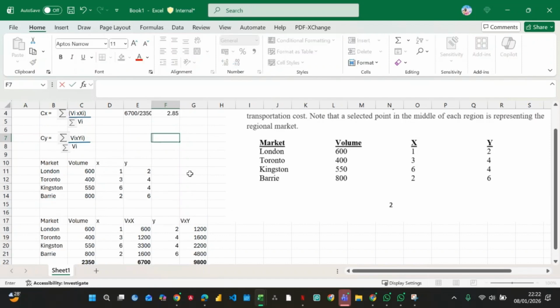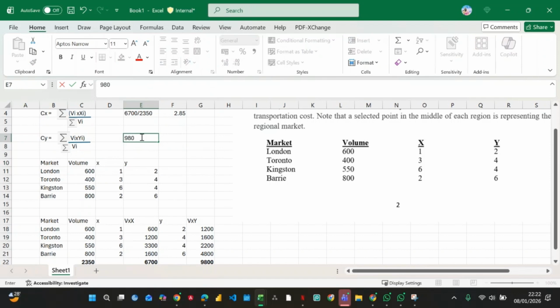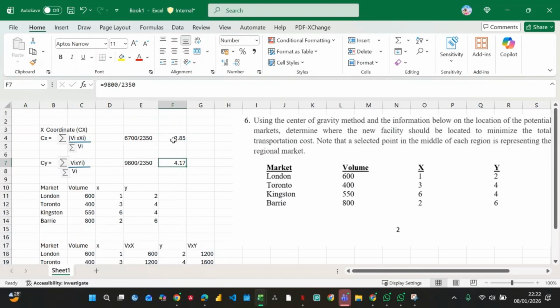Here, the value we have is 9,800. 9,800 divided by 2,350. So it's 4.7. Okay, that is 4.7.